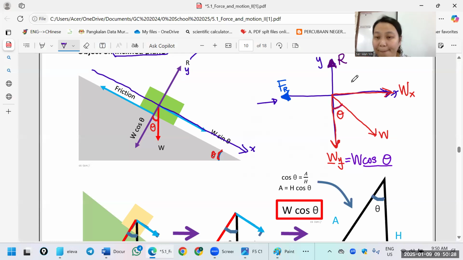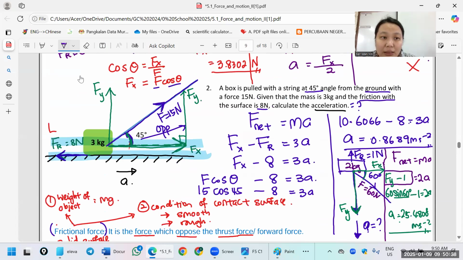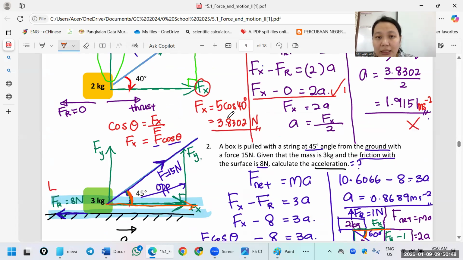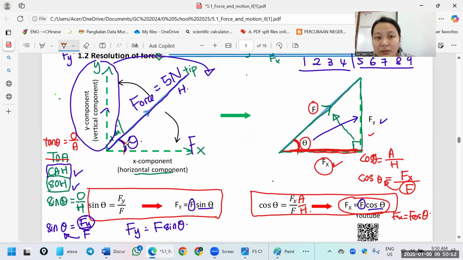All right. So now, see why this is cos? Because just now everything is using the angle from the horizontal line, from x.